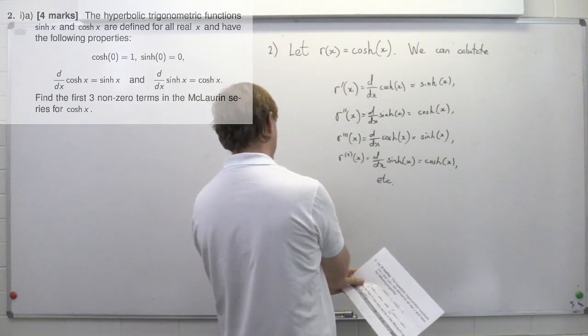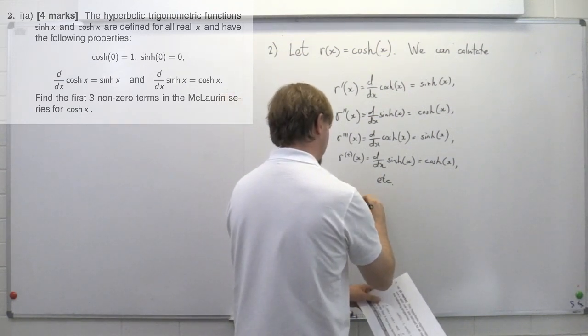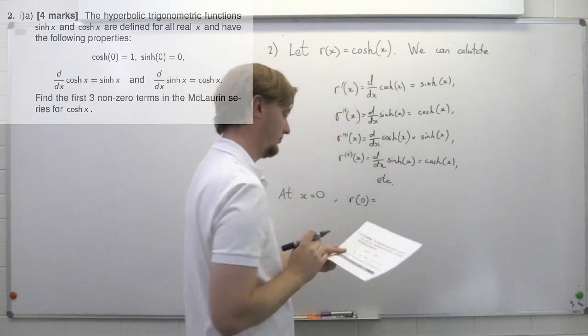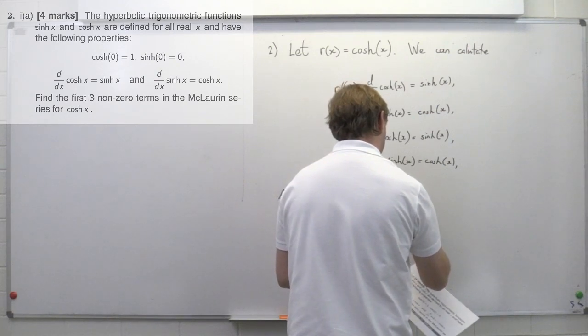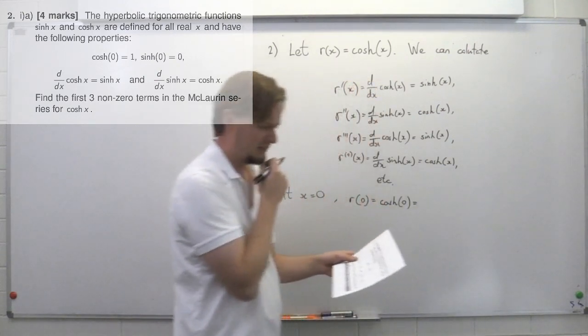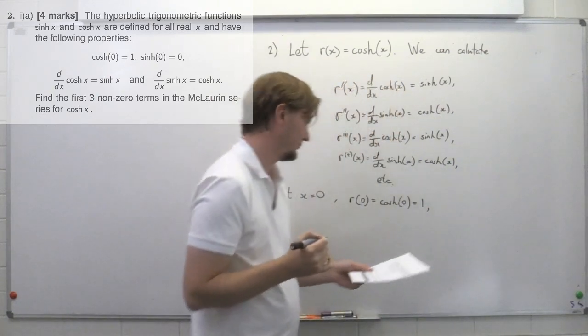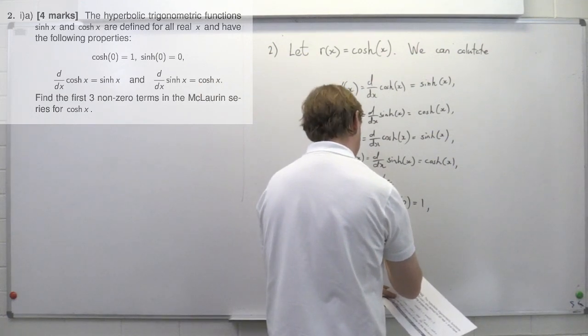So at x equals 0, the first thing we're told, I want to know what is the function value of this at 0. Well, it is just the hyperbolic cosine at 0, and much like the regular cosine, at 0 this starts at 1. We can continue to get the first derivative.